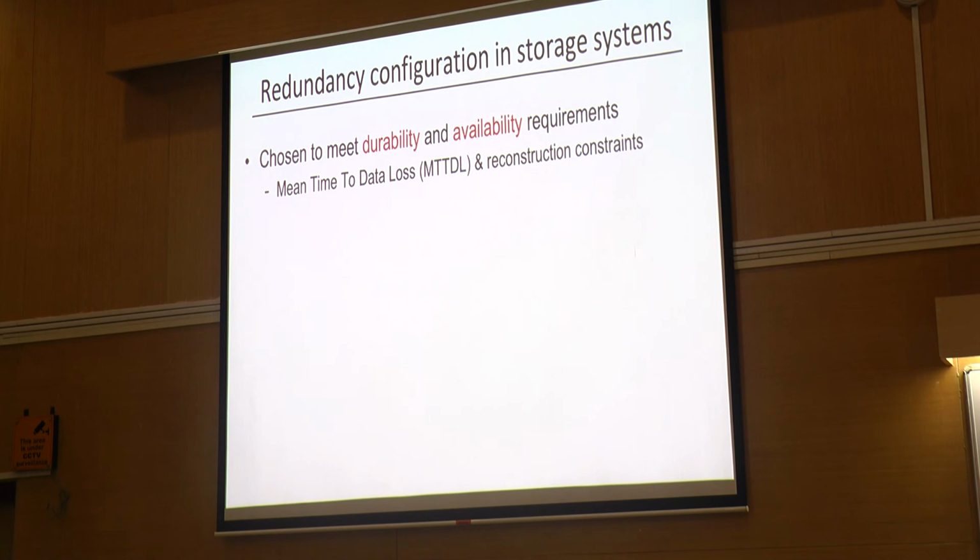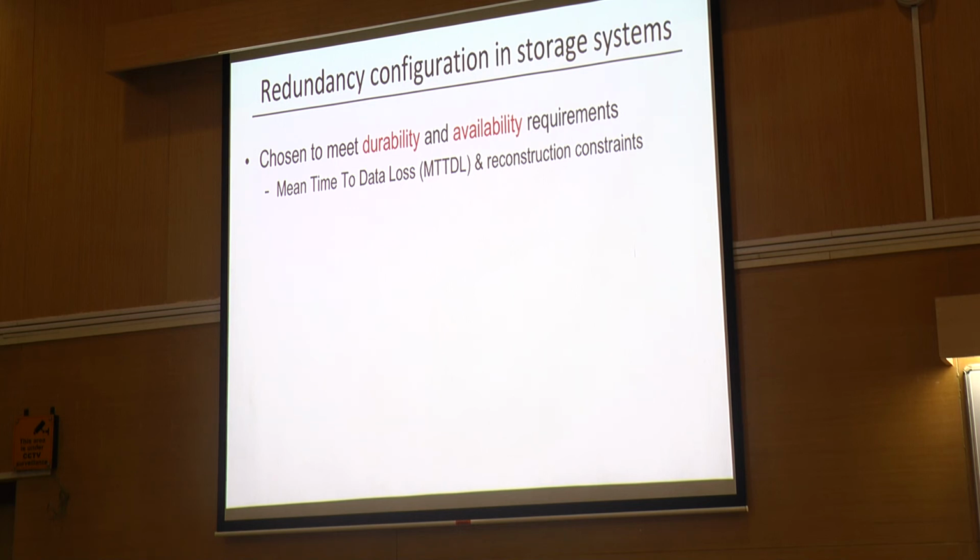Availability requirements are specified in terms of some kind of constraints on reconstruction, because availability basically means that when read requests come in, you have to be able to serve them. So when degraded reads come in, that is, read requests for unavailable data units, you will specify some kind of constraint on how quickly you're able to respond to those. So availability typically comes in the form of restrictions or constraints on reconstruction.